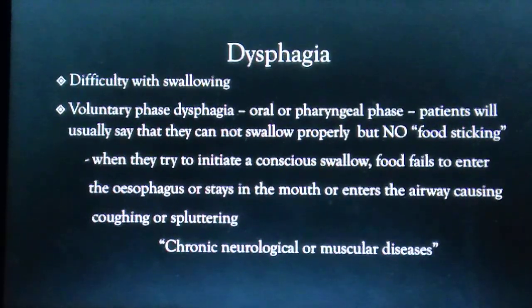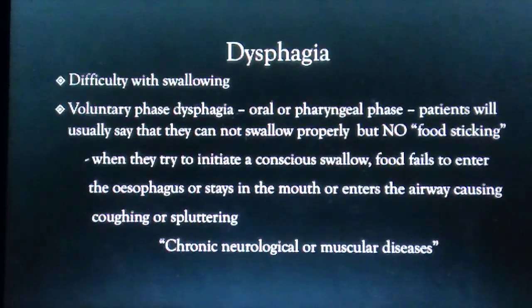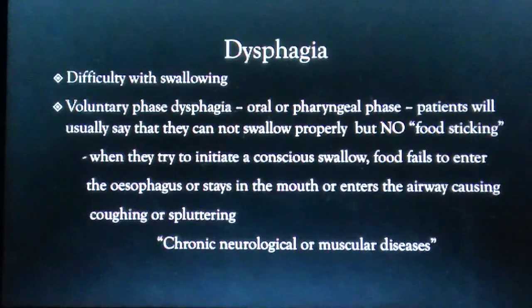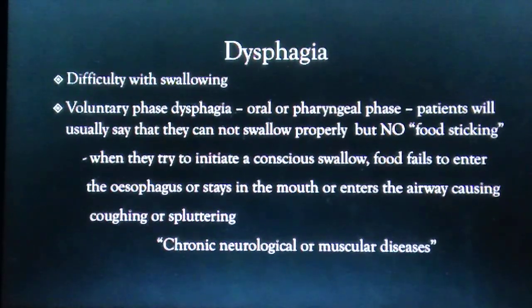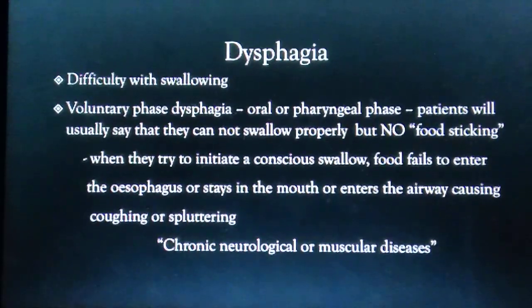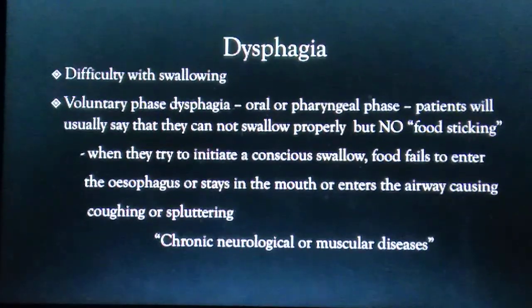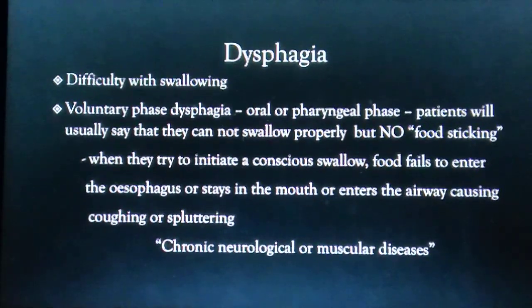Patients will usually say that they cannot swallow properly, but classically there is no history suggestive of food sticking. Whenever patients try to initiate a conscious swallow, food fails to enter the esophagus or stays in the mouth or enters the airway, causing coughing or spluttering, suggestive of chronic neurological or muscular diseases.